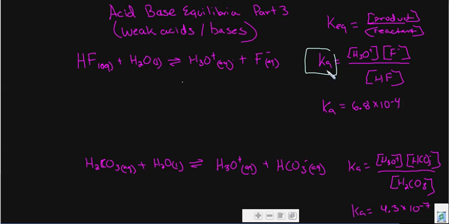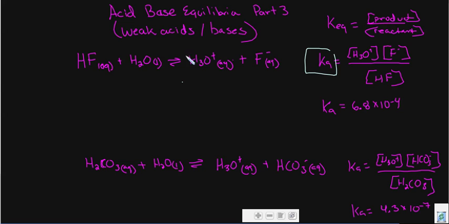The acid ionization constant is no different than any old Keq that we would have written for anything else: the concentration of the products divided by the concentration of the reactant. So you see here we have the hydronium and the fluoride ion divided by the original hydrofluoric acid, and we do not include the water because the water is a pure liquid, and you never include pure liquids or solids in your equilibrium constant expressions.